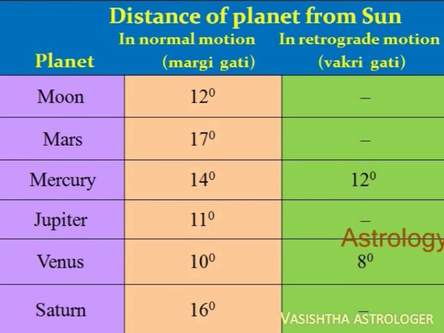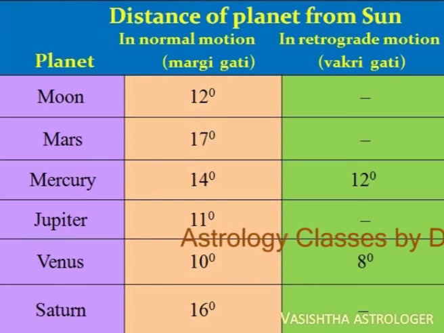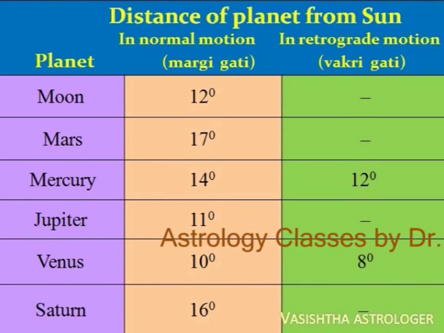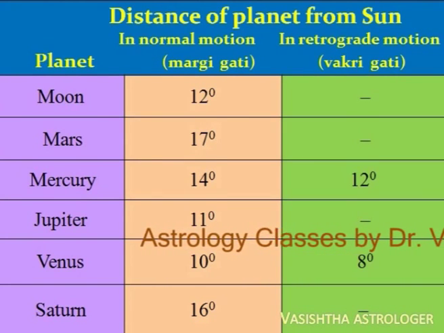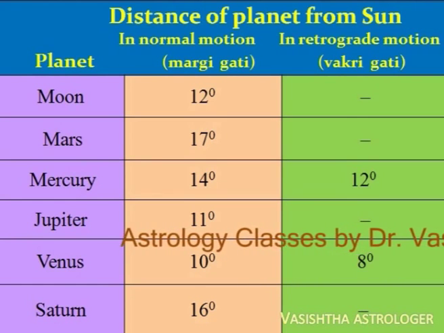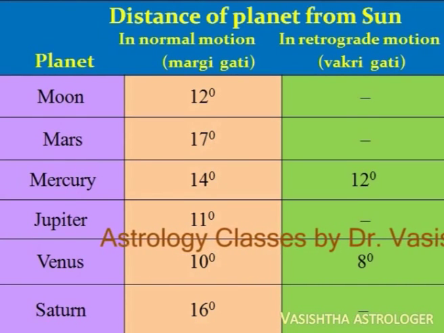Now the question may arise in your mind, what is the outcome if a planet becomes combust while moving in zodiac? As I told you earlier, a combust planet loses its positive parts, and it no longer has the capacity to deliver favorable results.